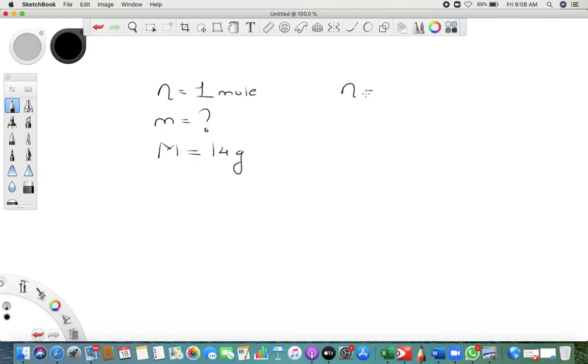Okay, so n is equal to small m upon capital M. This is given as 1 is equal to small m, which we are finding, upon capital M, which is 14. So m is equal to 1 into 14. So it's 14 gram. Simple.